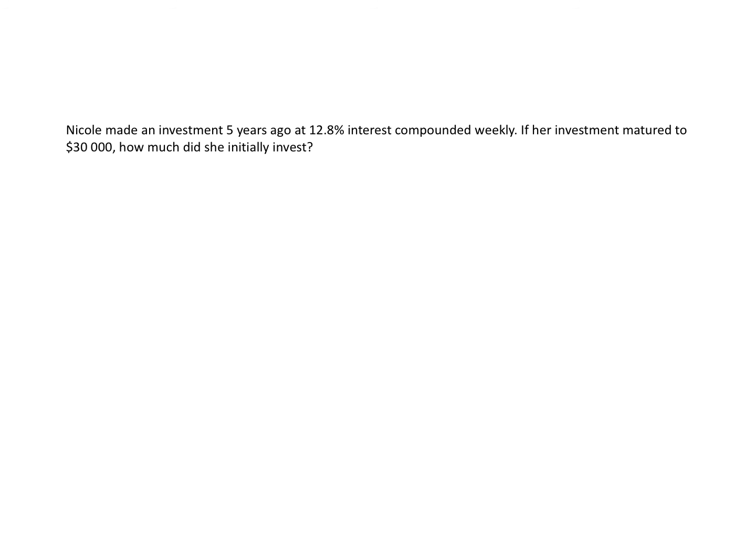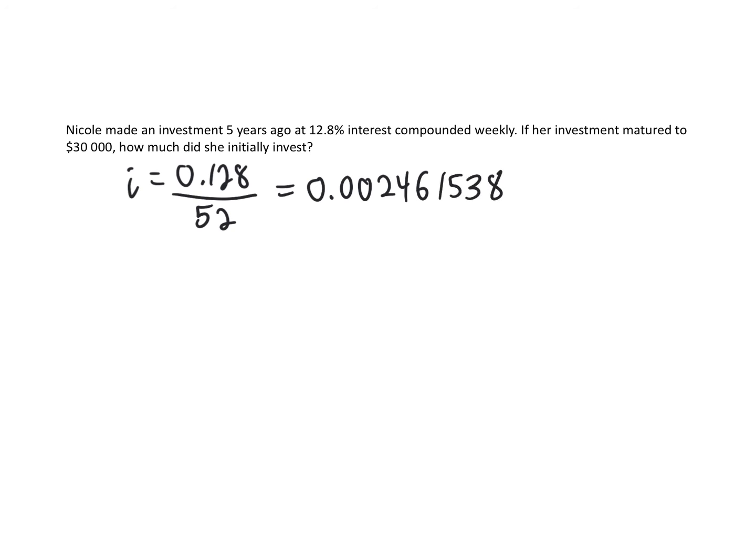One more example. I is 0.128. Compounded weekly, there's 52 weeks in a year. This is one where it does not round nicely. So I'm going to keep all the decimal places just to be safe. We have 5 years times 52 weeks. It's 260 compoundings.